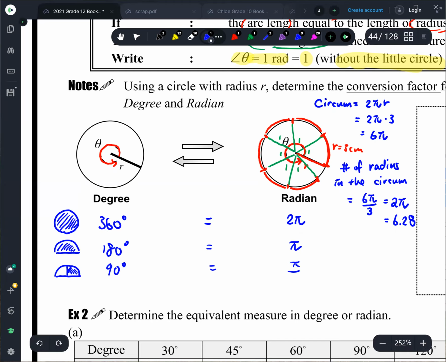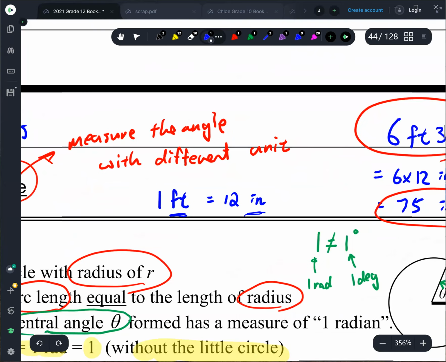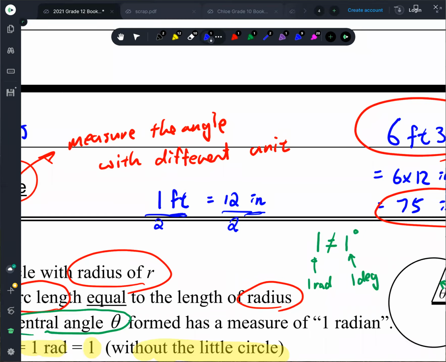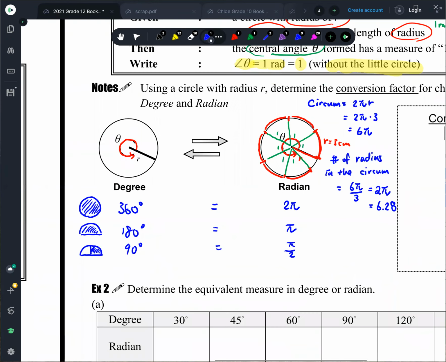Very good. You cut the pi in half again, just like 180, you cut in half again. It's similar to the idea of 1 foot, 12 inch. You cut the 12 inch in half, so 6 inch will be half a foot. You do the same thing. So don't be scared. You just need to get used to this new unit. So remember 180 degree is half a circle, and 360 degree, 2 pi, is a full circle.